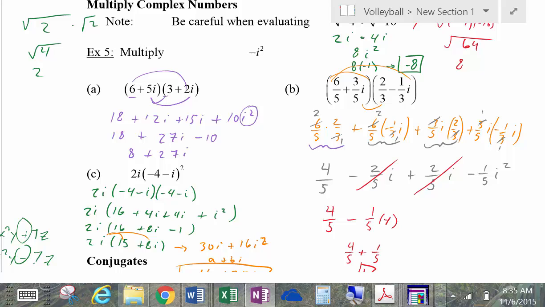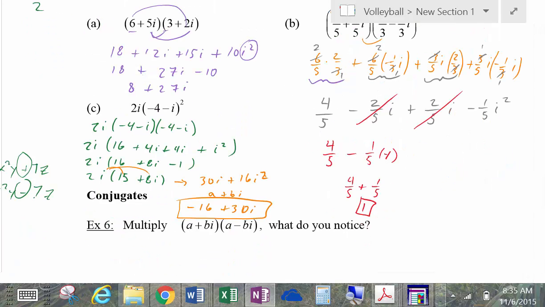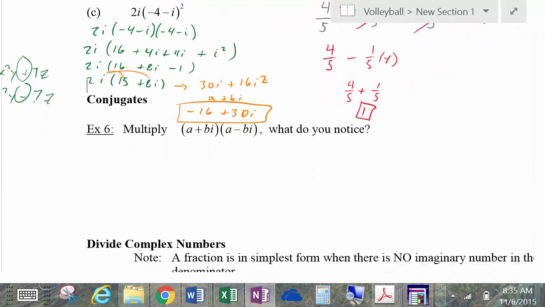Well, there's a super powerful result when you multiply conjugates together. And I really need you guys to memorize this. So multiply a plus bi times a minus bi and show me what you get and why it's cool. So you followed it, right? A times a is a squared, a times negative bi, bi times a.